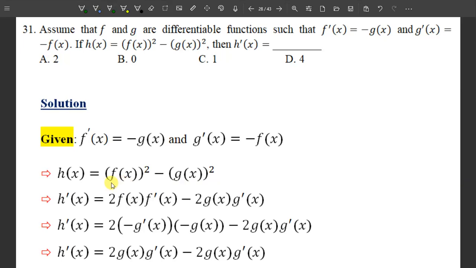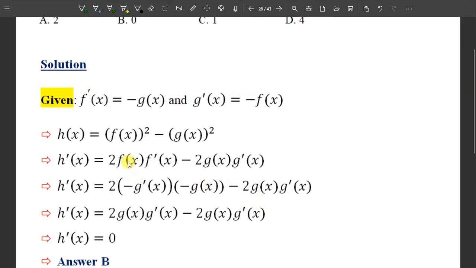The derivative of f of x squared is, first derive the power, which is 2 times f of x itself, and then by chain rule, f of x must be differentiated, so it is 2 times f of x multiplied by f prime of x. This is the chain rule. Minus, again derive the power, which is 2 times g of x, and then by chain rule, derive g of x itself. It becomes g prime of x.